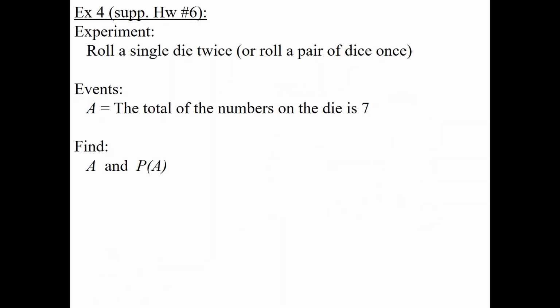Okay, so A says the total of the numbers on the dice is 7. Perfect. So again, you can go back to the previous slide and list all the ones where the total was 7. Another way to do it is to see if you can think of them without going back. So I'm going to go ahead and write A here. Total is 7. Well, 1,6. And then what else? Well, I'm going to change the 1 to a 2.